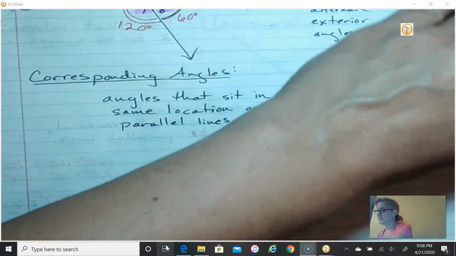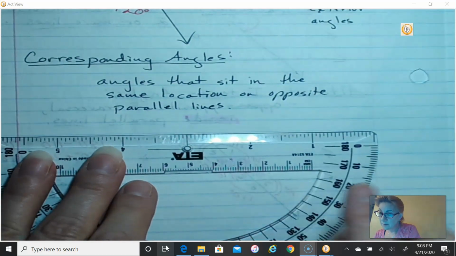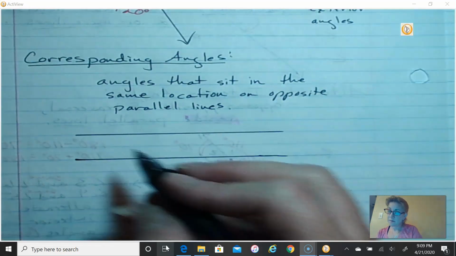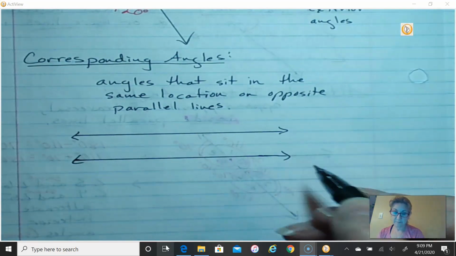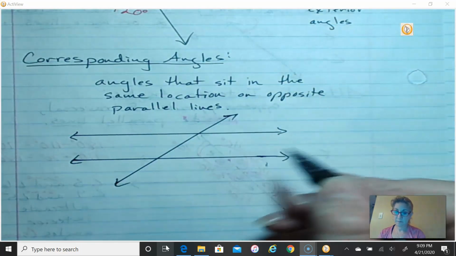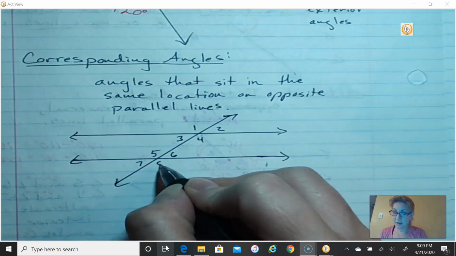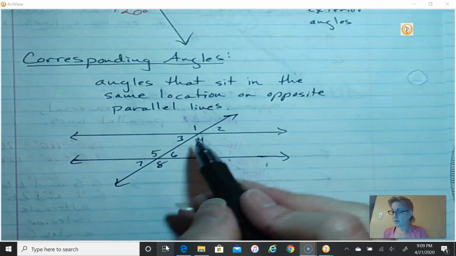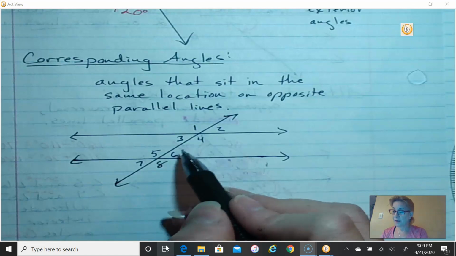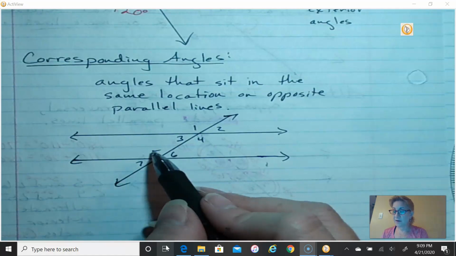All right. 1, 2, 3, 4, 5, 6, 7, 8. Okay, remember, 2 and 3 are the same, 1 and 4 are the same. 2 and 6 are the same, 1 and 5 are the same. 6 and 7, 5 and 8.